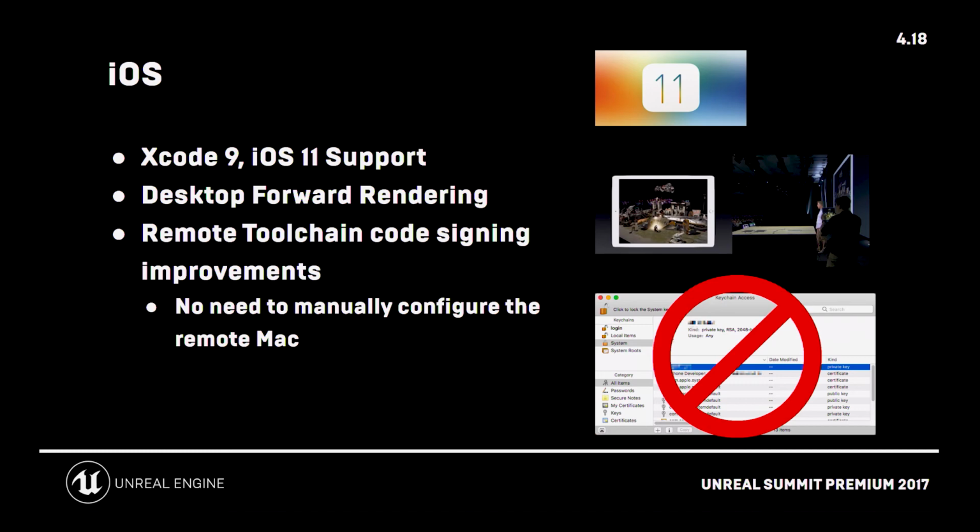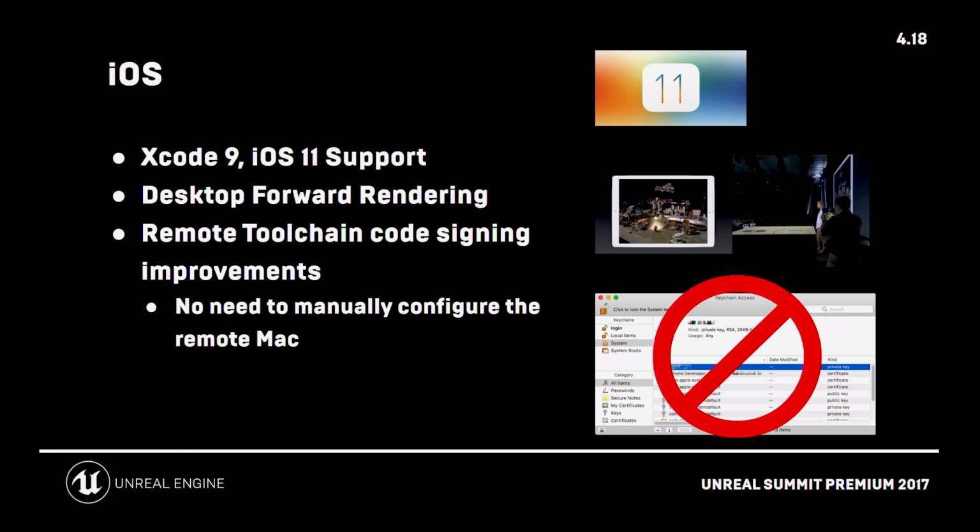Another improvement in 4.18 is some changes we've made for the remote toolchain. The remote toolchain, as you might know, is where you're using your PC to do your code editing and compilation, but the actual compilation job is sent to a remote Macintosh. So you used to have to make a whole lot of configurations for code signing on the remote Mac itself.